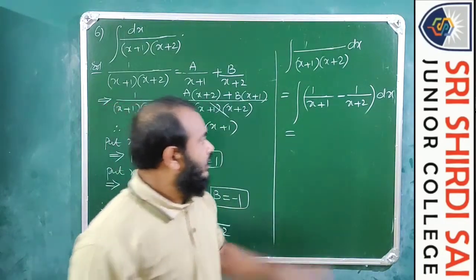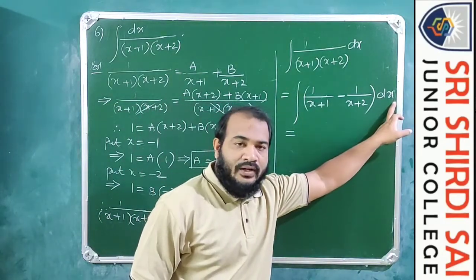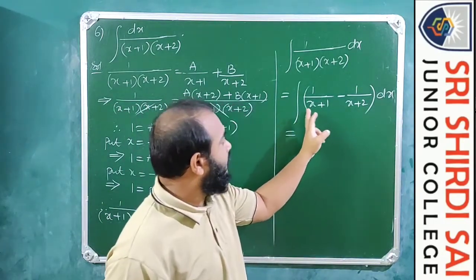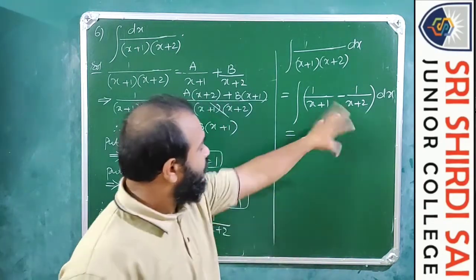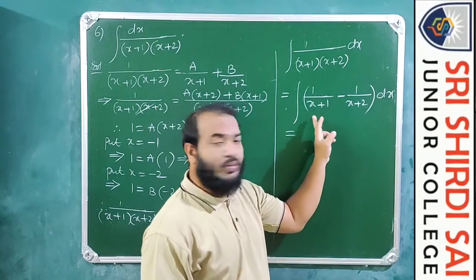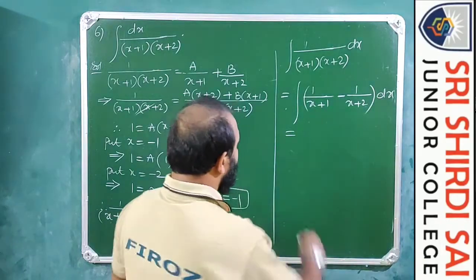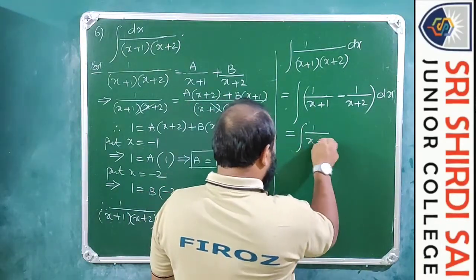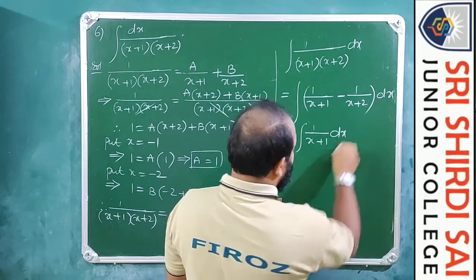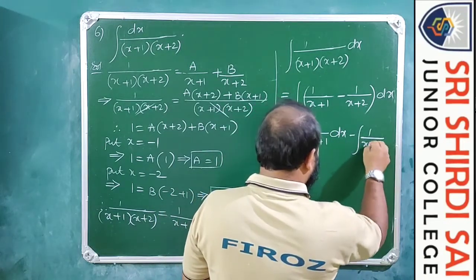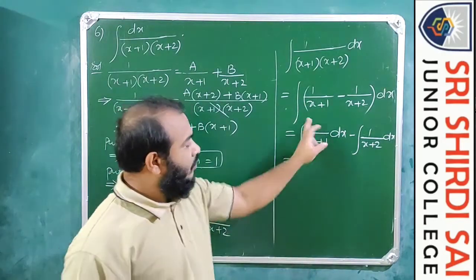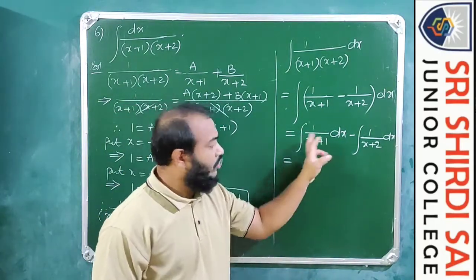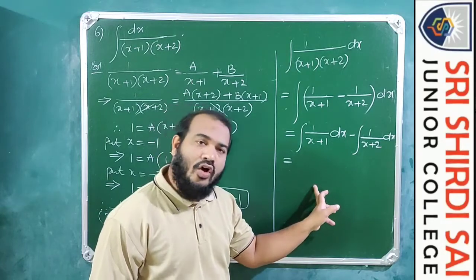So this integral dx will be applicable for both of them. So let us distribute integral dx to both of these. So integral 1 by x plus 1 dx minus integral 1 by x plus 2 dx. Integral 1 by x plus 1 dx is of the form integral 1 by x dx, log mod x.